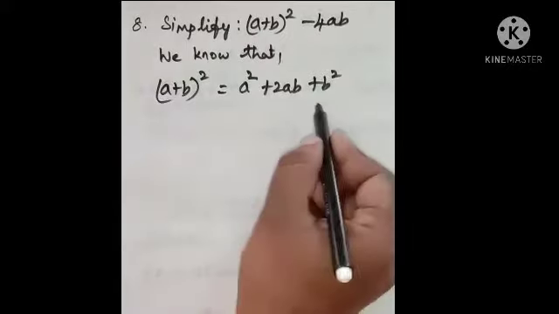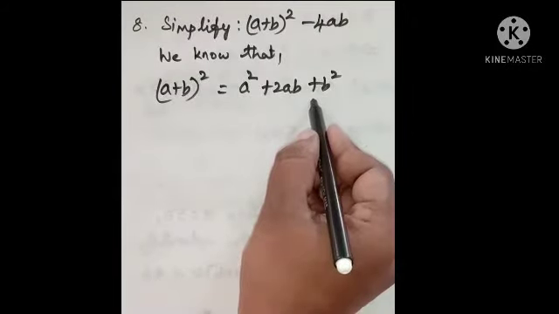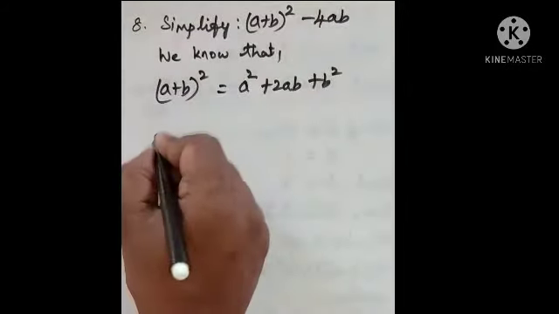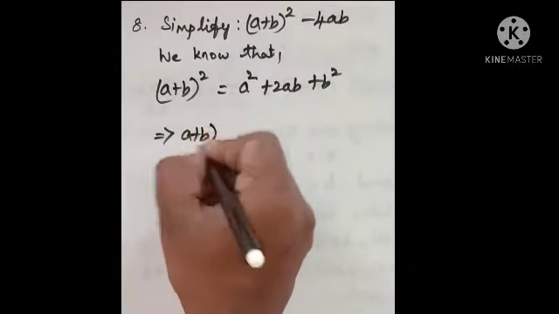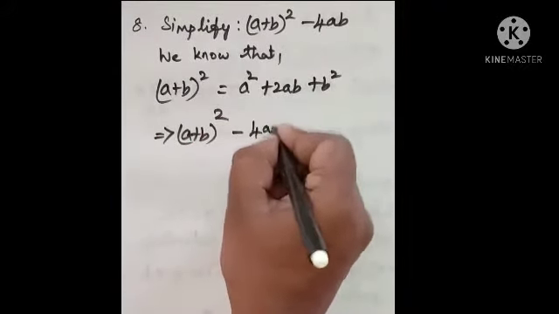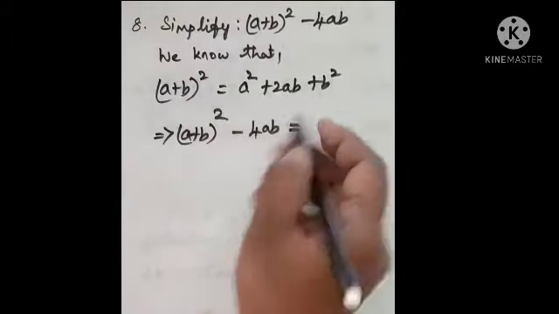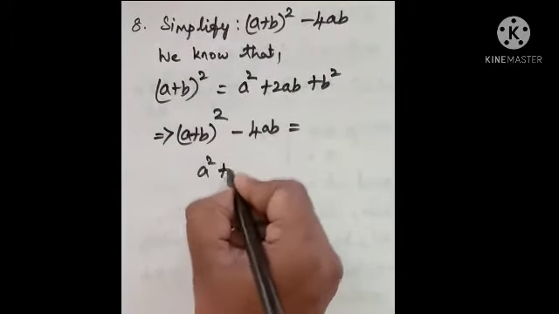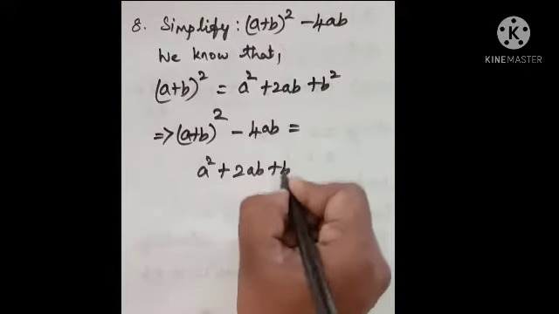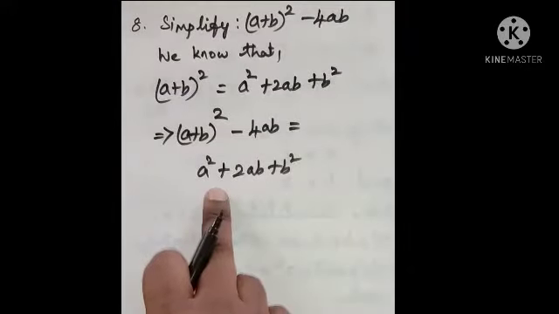So substituting the identity expression here, we get (a + b)² − 4ab is equal to, in place of (a + b)², we can write a² + 2ab + b². Listen carefully, children.